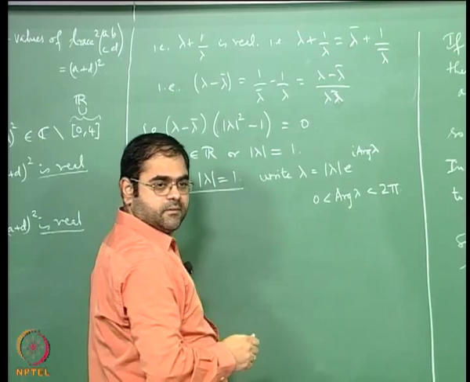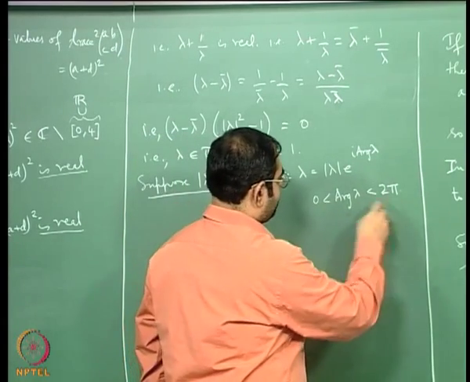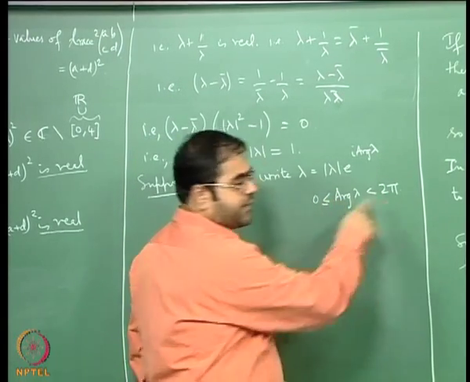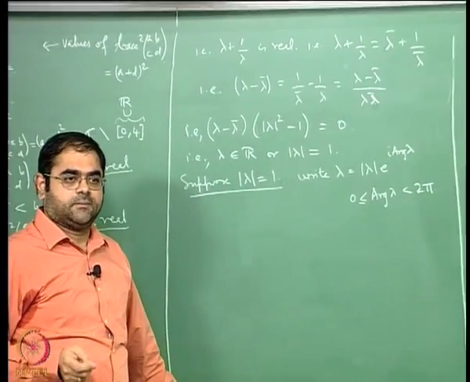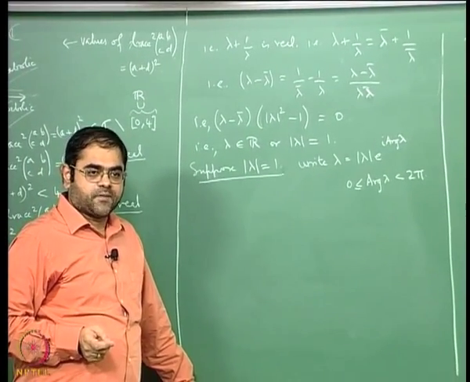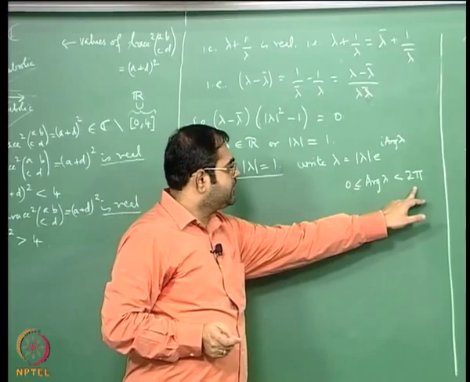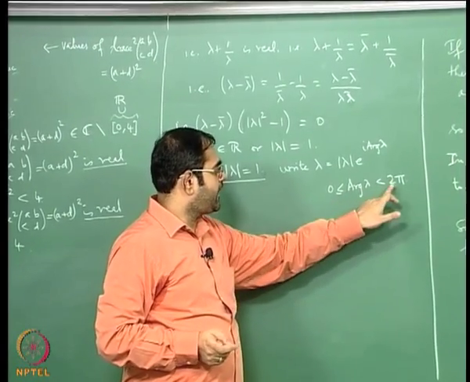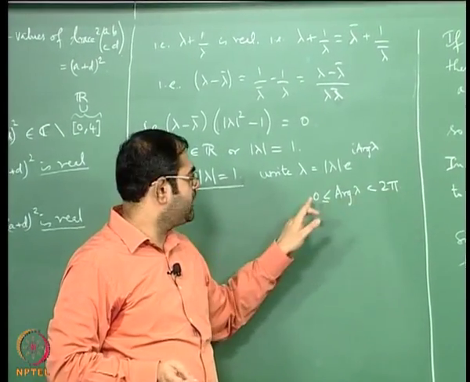So the argument should vary over an interval of length 2 pi, and of course I exclude 2 pi and I include 0.